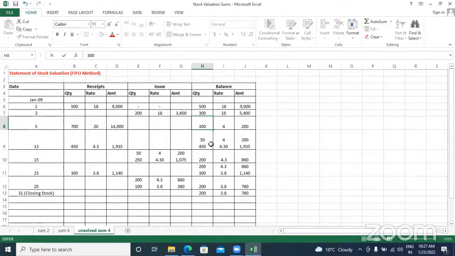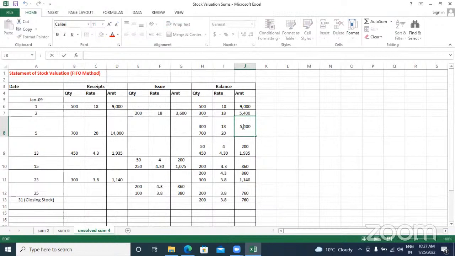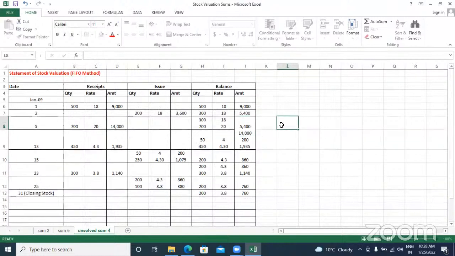So we have to copy down 300. उसके नीचे क्या लेकर आएंगे? 700. क्यों? क्योंकि अभी हमने परचेज किया तो स्टॉक में ऐड हो गया ना। 300 का रेट क्या था? 18. और 700 का रेट क्या है? 20. 300 का वैल्यू क्या था, स्टूडेंट्स? 5,400, ma'am. 700 का वैल्यू है 14,000. So this is the way you have to write.